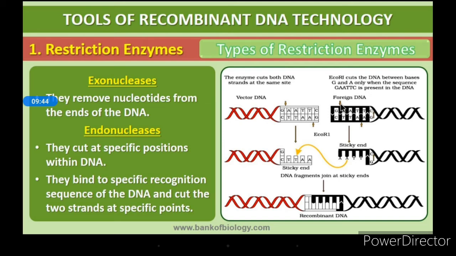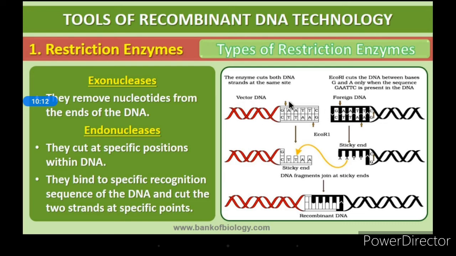The sequence GAATTC is guanine, adenine, adenine, thymine, thymine, cytosine. From that GA it is cut. So here GA, and in this strand also GA.